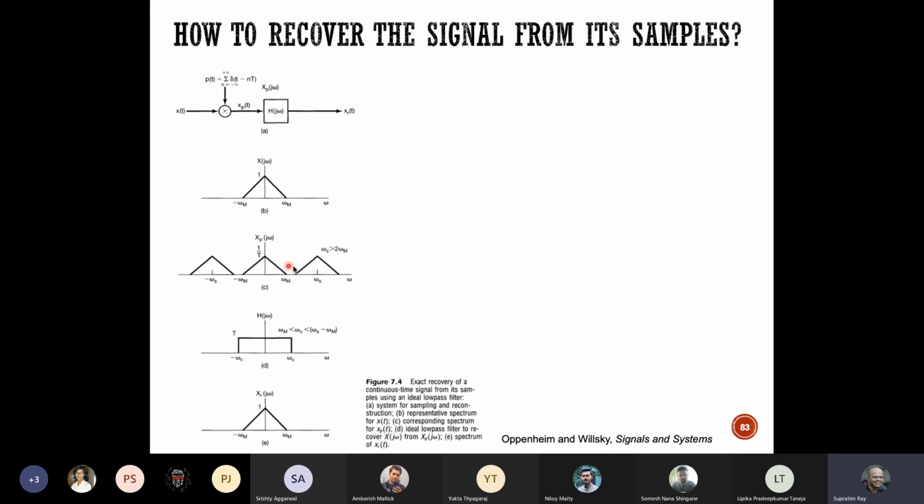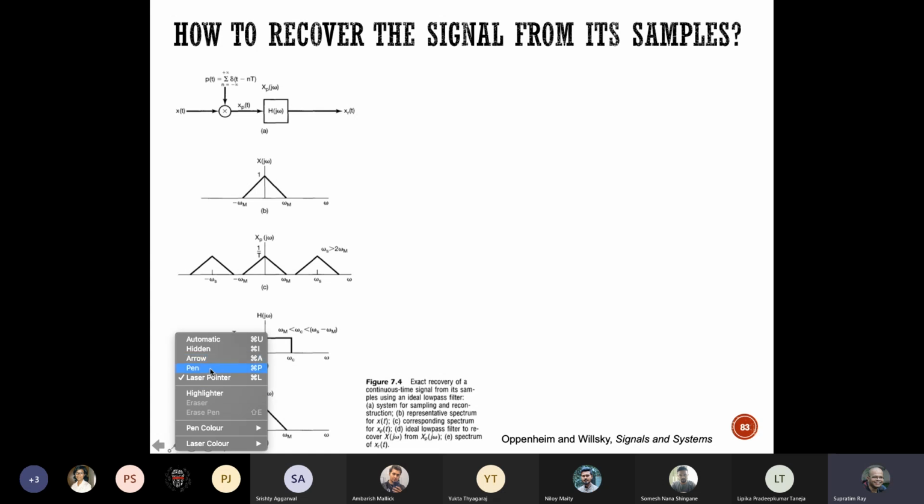So I can take the Fourier transform, multiply it in the frequency domain with a rect function and take the inverse Fourier transform. Or equivalently, I can just convolve the signal with the inverse Fourier transform of this, which is a sinc function, and I'll get back my original signal.